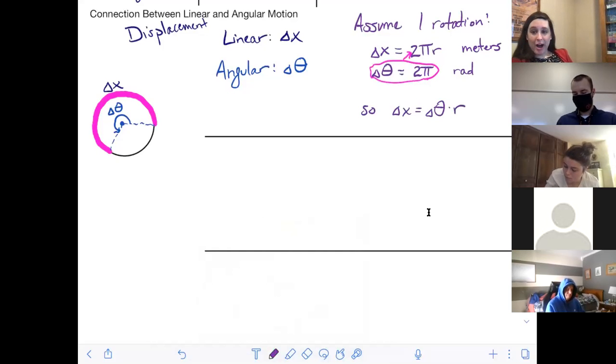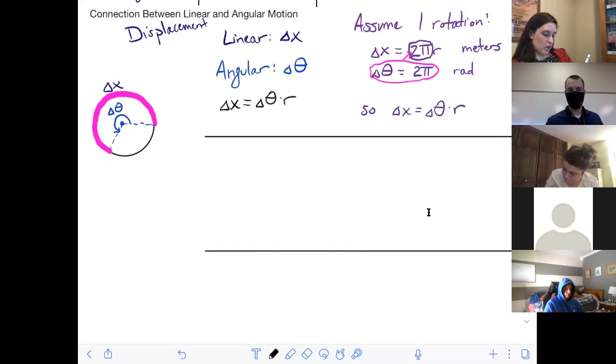Since delta theta was 2 pi, we're just sticking that in for this 2 pi right here. So we can write that. We can say that in general, anytime we want to relate our linear displacement and our angular displacement, linear displacement is equal to angular displacement times r.